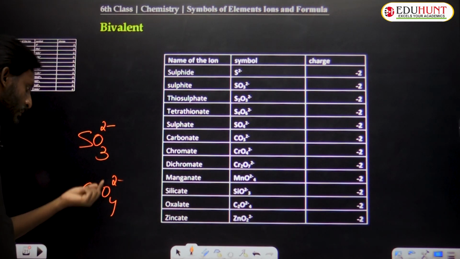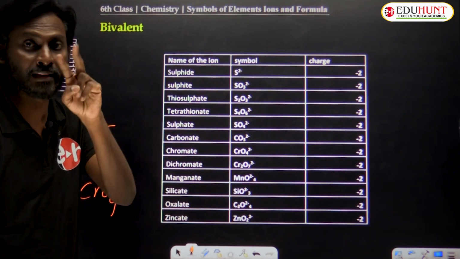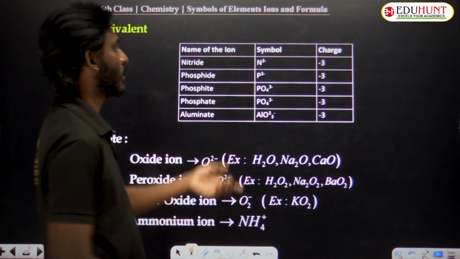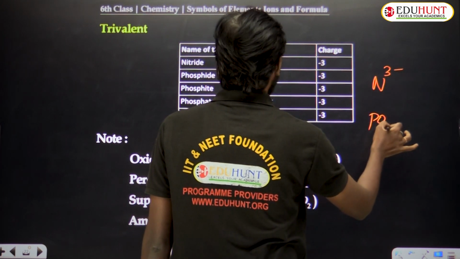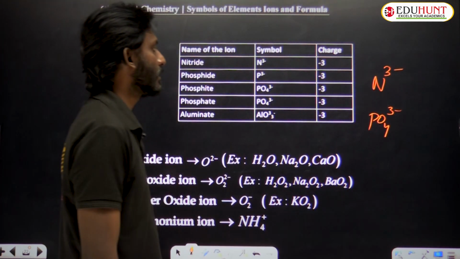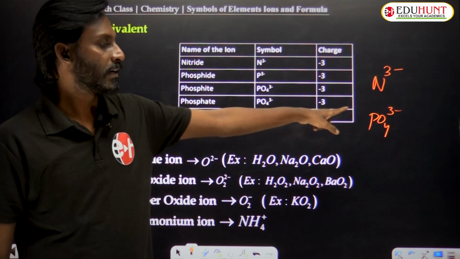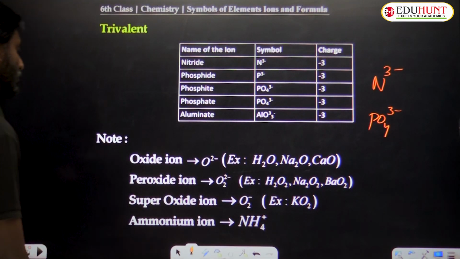Look at this ion, what is the charge? 2 negative. So valency is 2, bivalent. Like that, trivalent anions also: N3 negative, PO4 3 negative. The charge is minus 3, and the valency is 3, trivalent anion, fine.